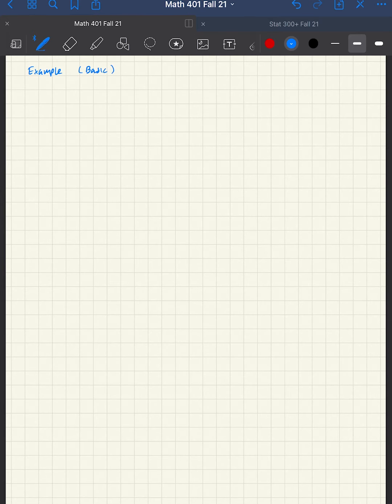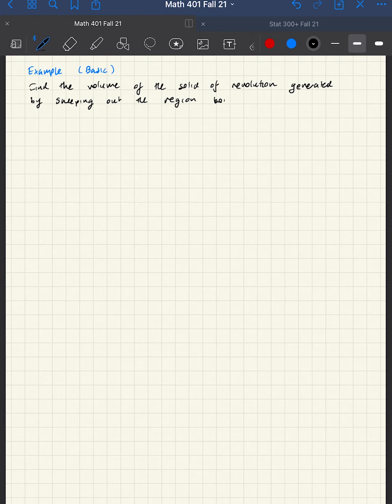So, example. We're going to find the volume of the solid of revolution generated by sweeping out the region bounded by y equals square root of x minus 1.